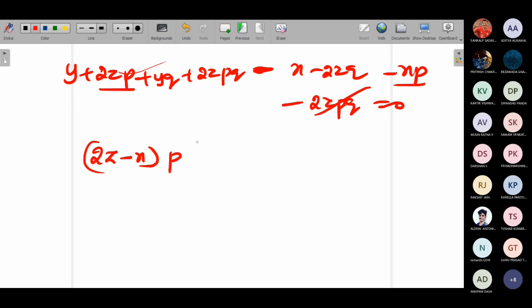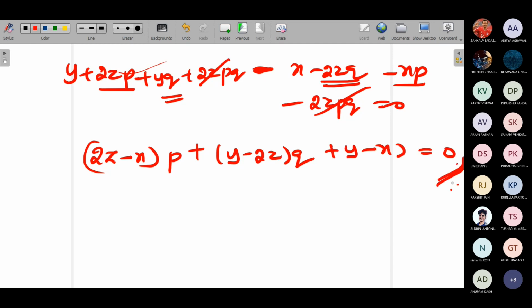Then yq minus 2zq, so you can write this as y minus 2z into q. What is left out now? y minus x. That's all.